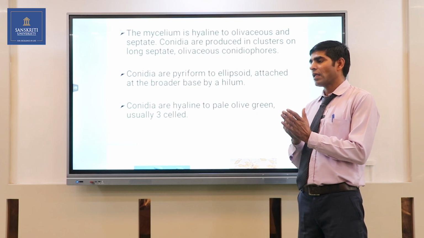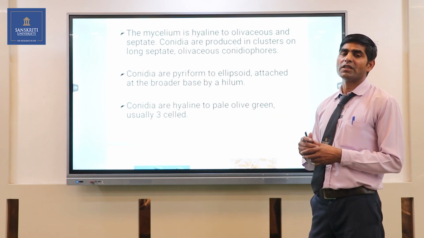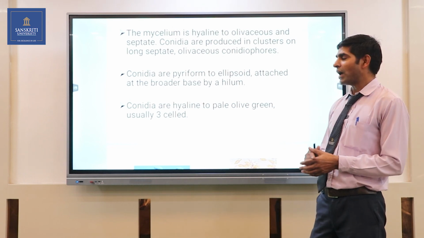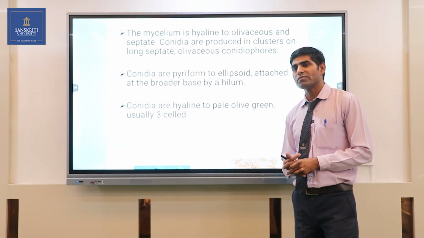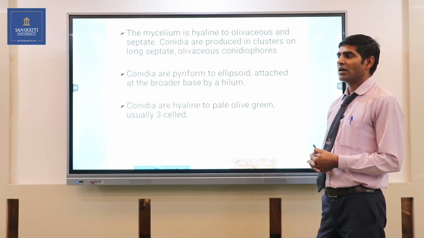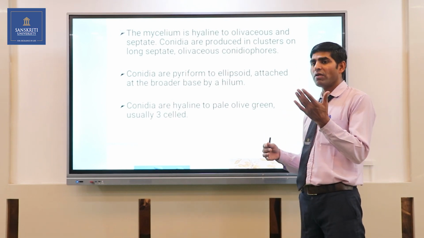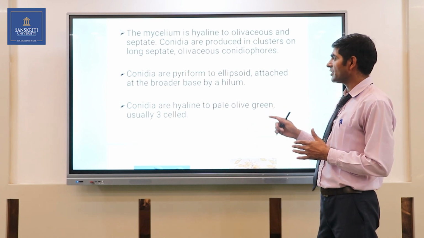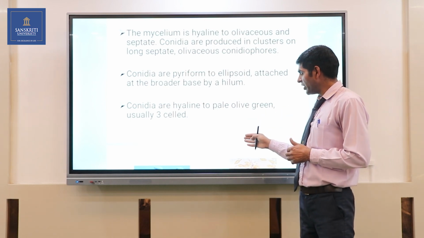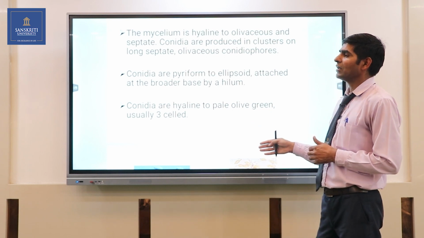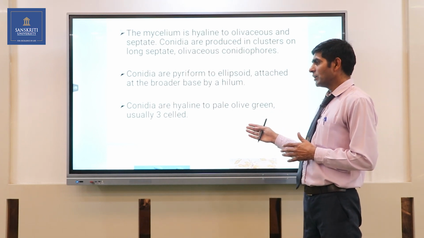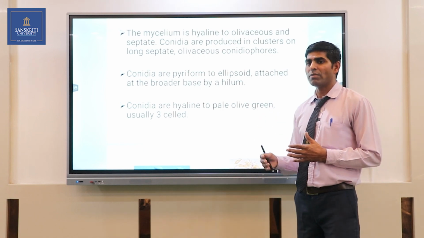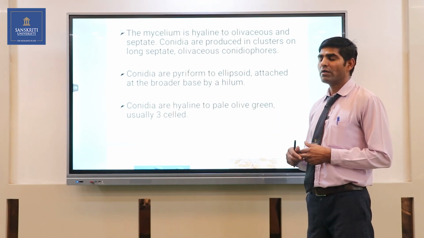There are two types of infection: one is primary infection, another is secondary infection. Primary infection generally takes place from the conidia. That means from the infected plant, the conidia survive in the soil. The conidia that survive in the soil start germination, and from these conidia the germ tube comes out and infects the plant.